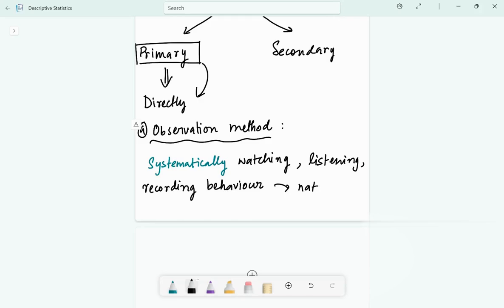Everything in the natural setting. So what do I mean by this? The definition is method of data collecting by systematically watching, listening, recording behavior, and participating in the events as they occur in their natural setting.